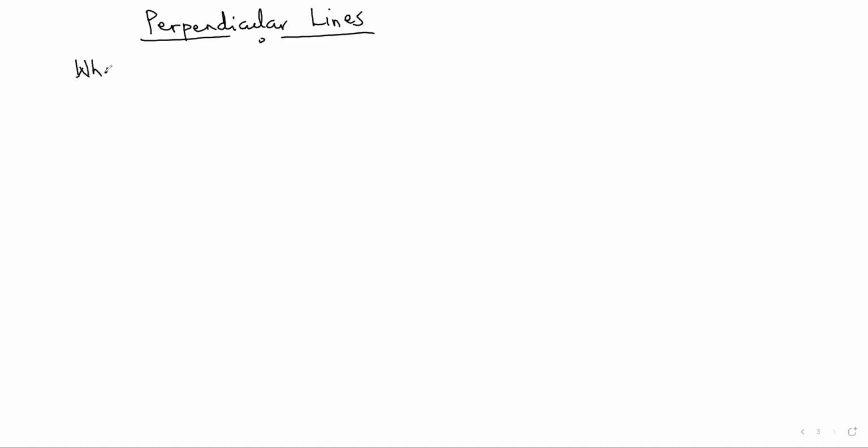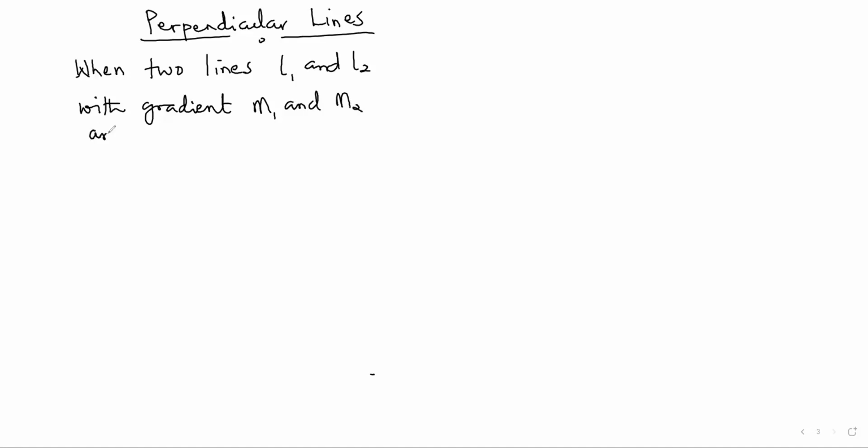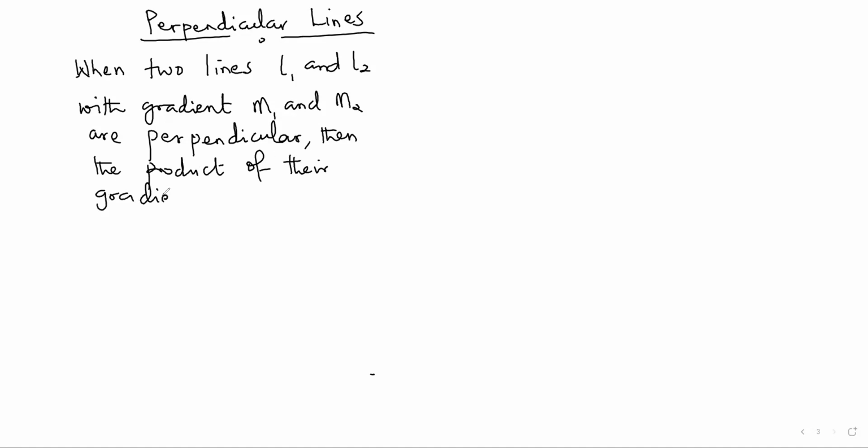So when two lines L1 and L2 with gradients M1 and M2 are perpendicular, then the product of their gradients, take note, is -1.